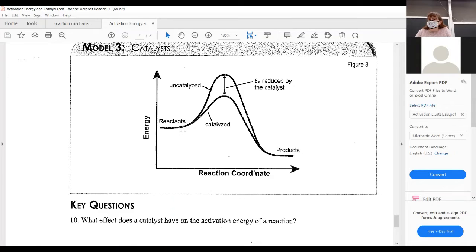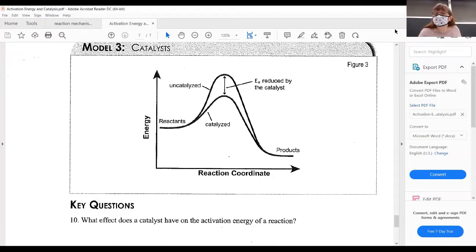Hopefully you took a look at that on Canvas, the different possible mechanisms or the different curves and whatnot. So if I have a tall hill, that's going to be a slower step. If I have a shorter hill, that's going to be a faster step. And if I have two that are going from the same beginning and ending points, the one that is lower is probably catalyzed.